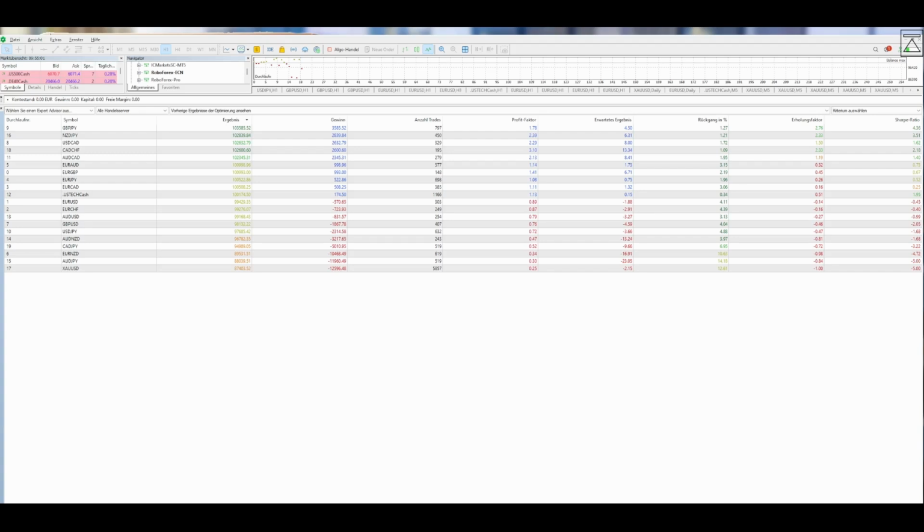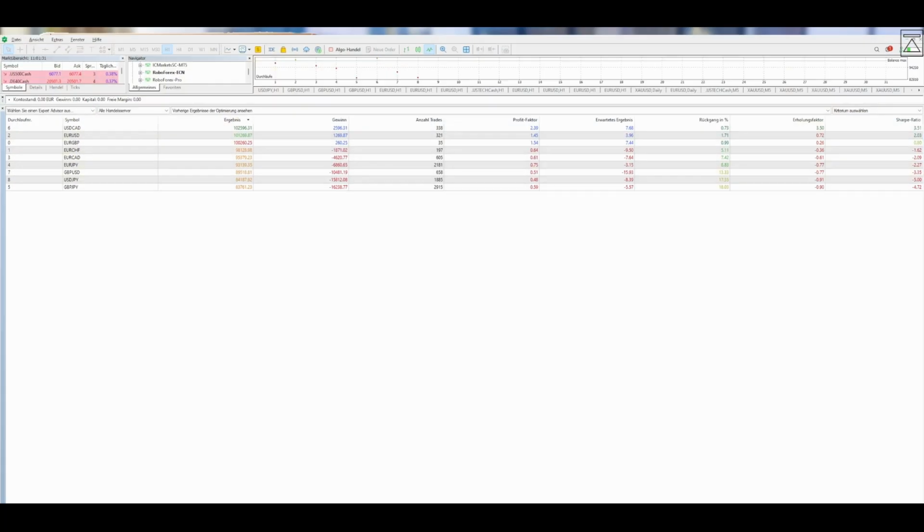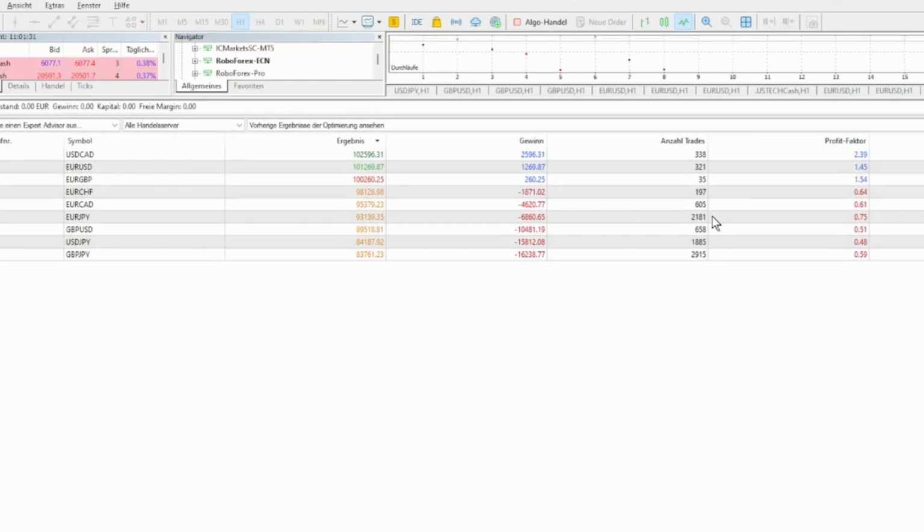But now, let's look at number 1, because that is the pivot breakout. Yes, that gave the best result in my tests, as I said, with the standard settings. And I'm also in the process of improving the whole thing a bit, because I really, really like the trading robot. And here we have fewer currencies again.